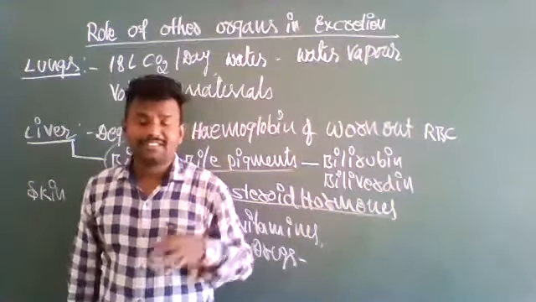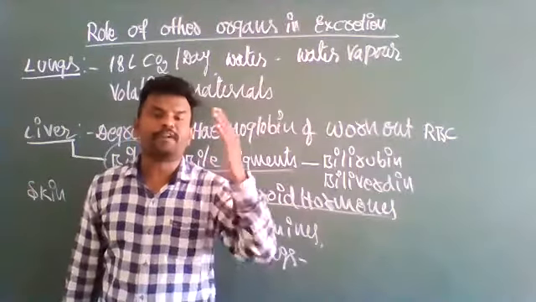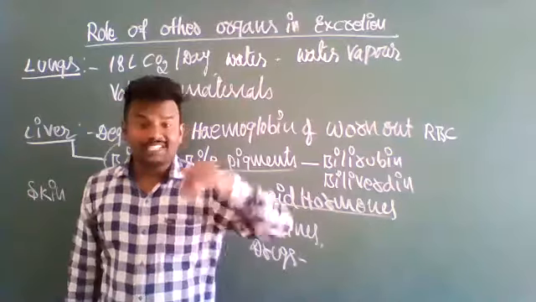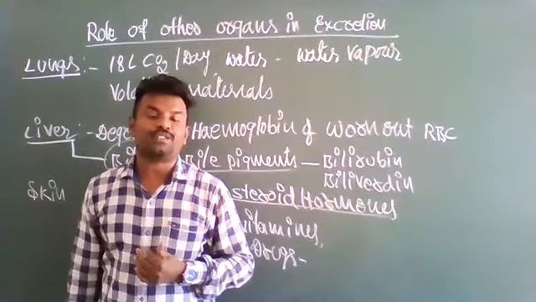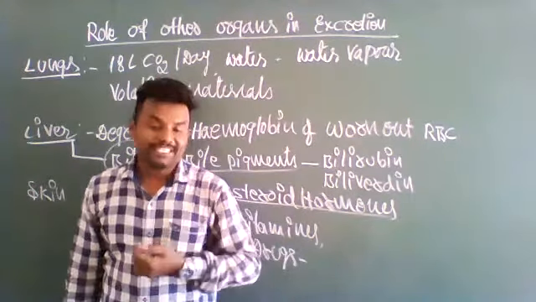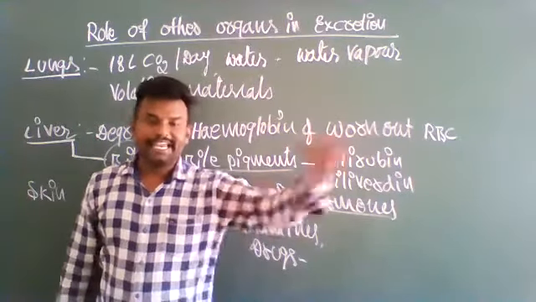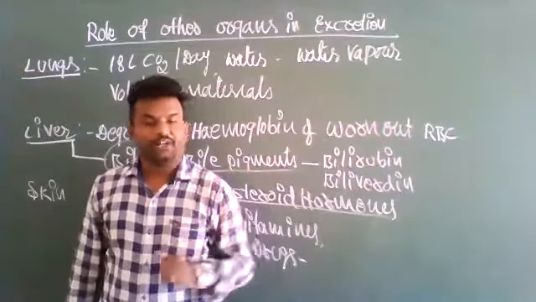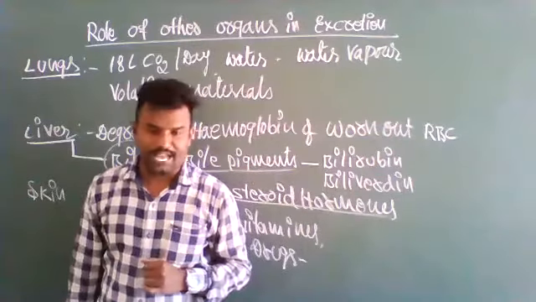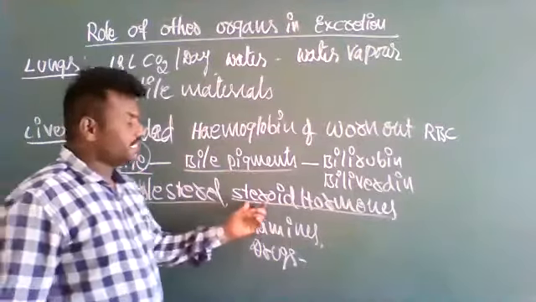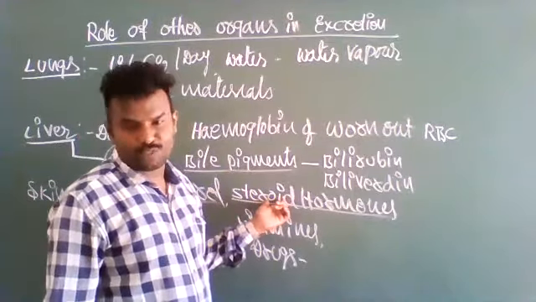These are all steroid hormones which are formed from lipids. Non-steroid hormones are formed from amino acids. Our next chapter's discussion is that only. At that time, I will give more information. So the liver, through its secretion, excretes steroid hormones also.